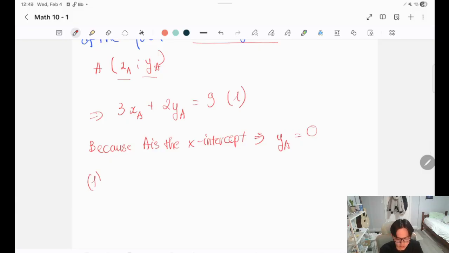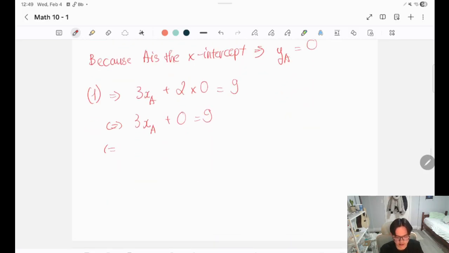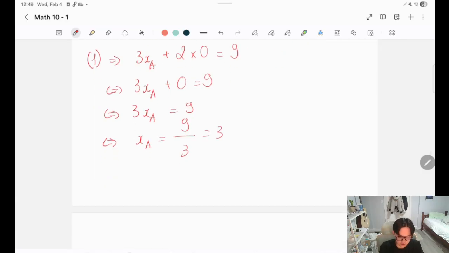So from 1 we have 3xa plus 2 multiplied by 0 equal to 9. So we got 3xa plus 0 equal to 9, and 3xa equal to 9. So xa is equal to 9 divided by 3, which is 3. So the point A is (3, 0).